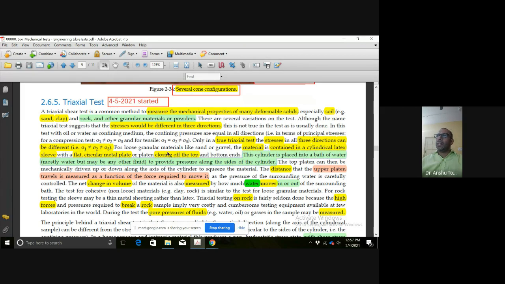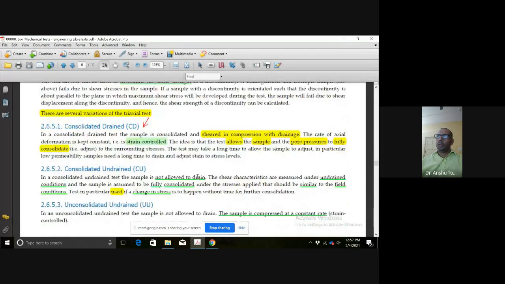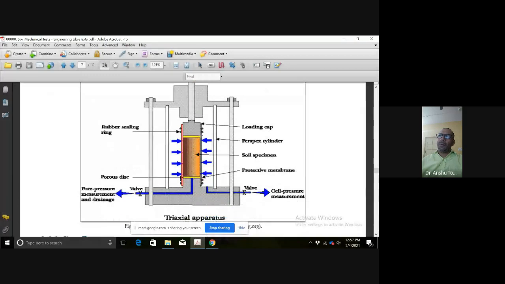Material is contained in a cylindrical latex sleeve, as I have shown you in the figure. So here the prepared sample is kept.